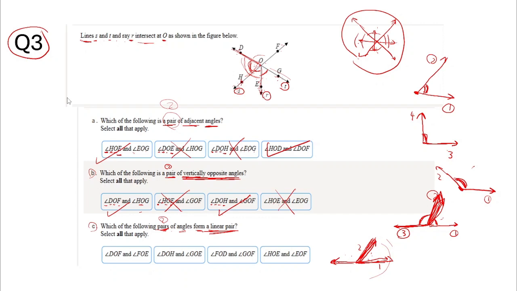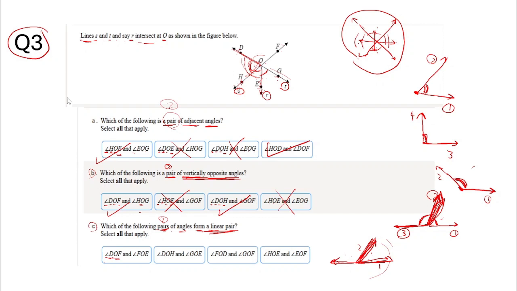Okay. So let's see here. Angle DOF. What is the linear pair for DOF? Let's see the other angle which shares the common ray.